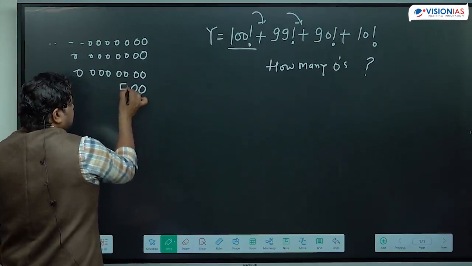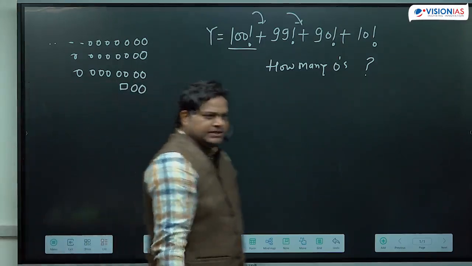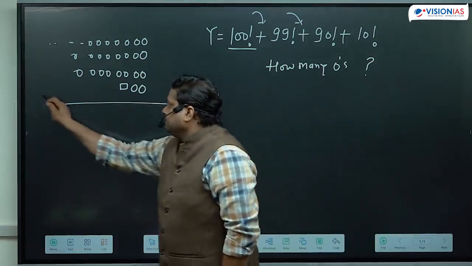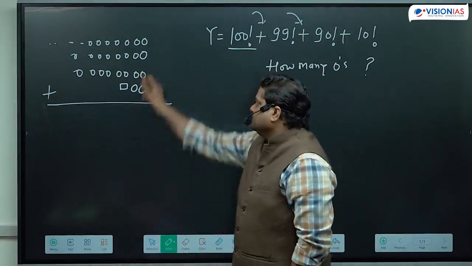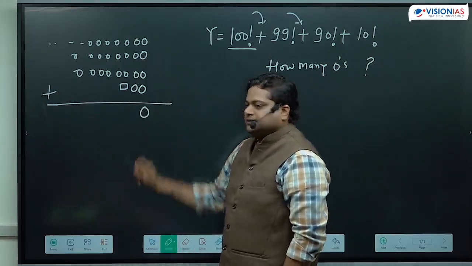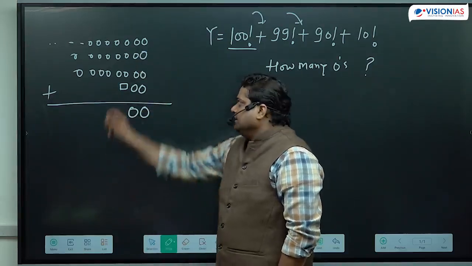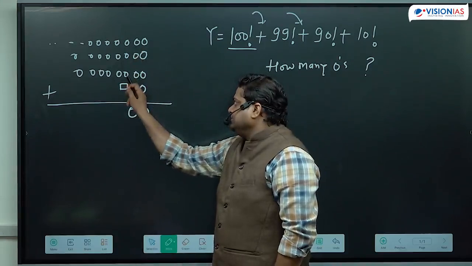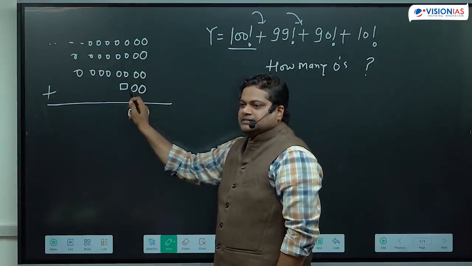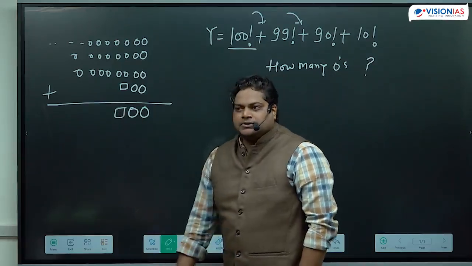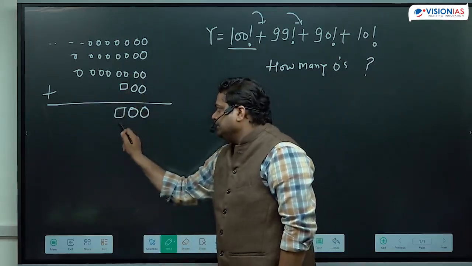Then are we going to get some non-zero digit or not? At the third place. If we are adding them, 0 0 everywhere, 0. 0 everywhere, 0. Here at all the places we are getting 0, but in this last number we are getting some non-zero digit or not? So that digit will come here.